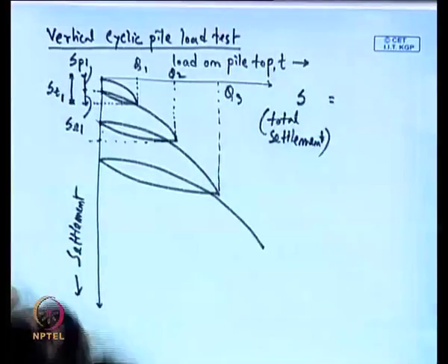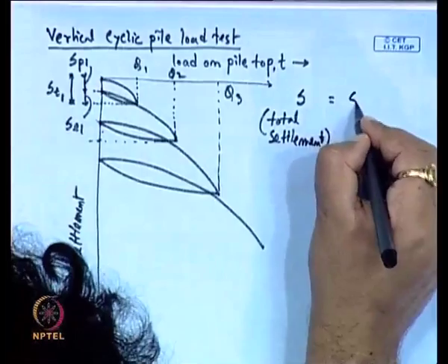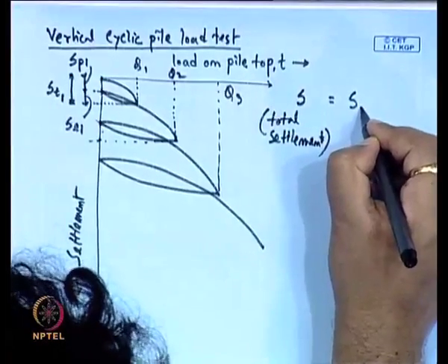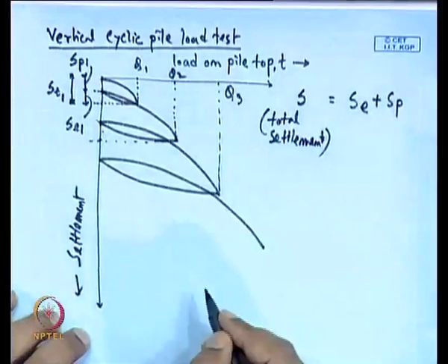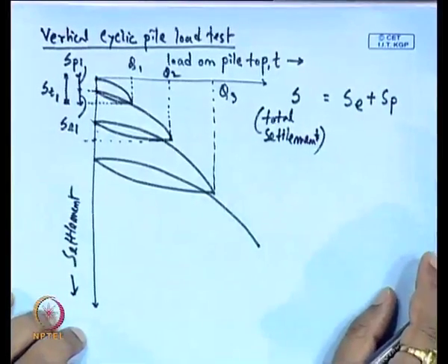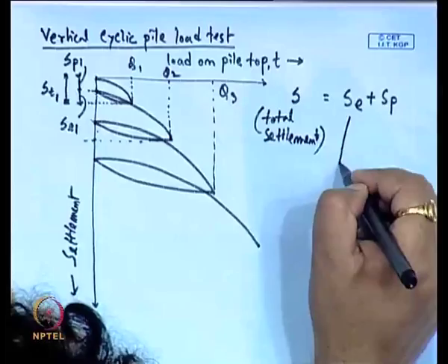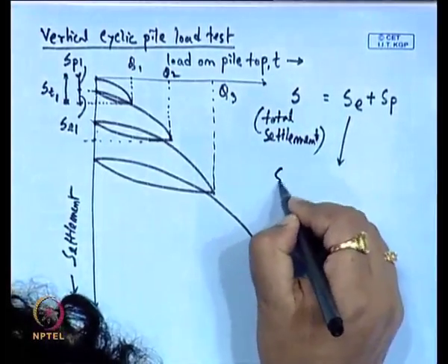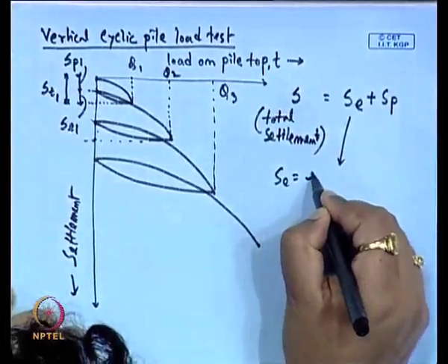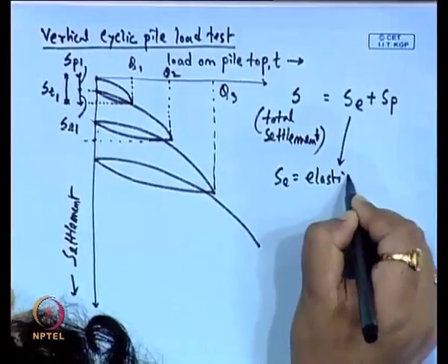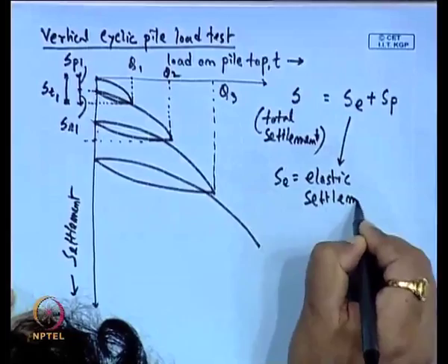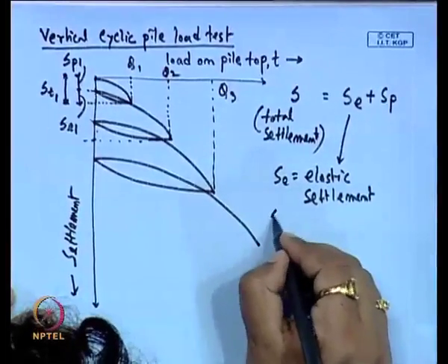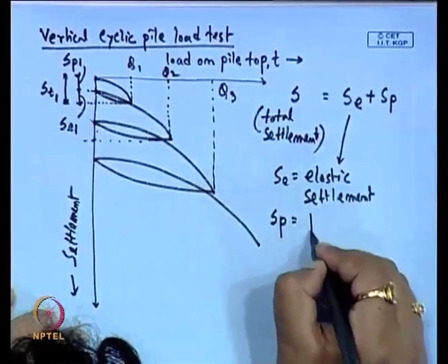that S, the total settlement, is the summation of elastic settlement plus the summation of plastic settlement. So S is the settlement, where S E is the elastic settlement and S P is the plastic settlement.